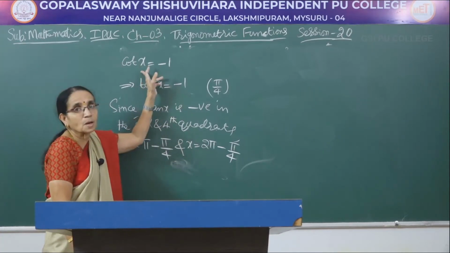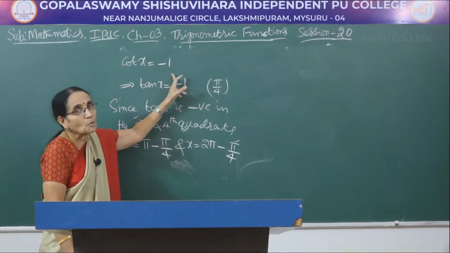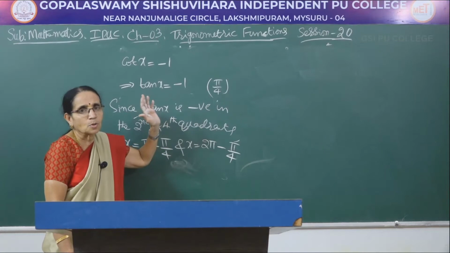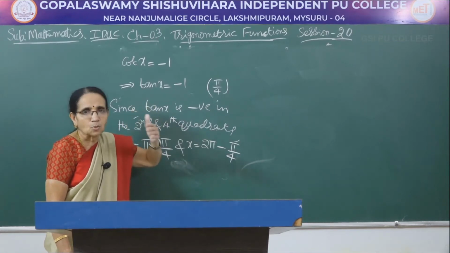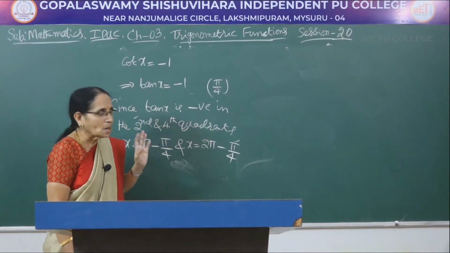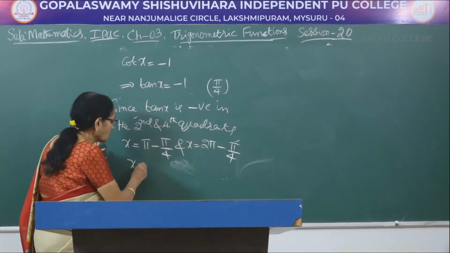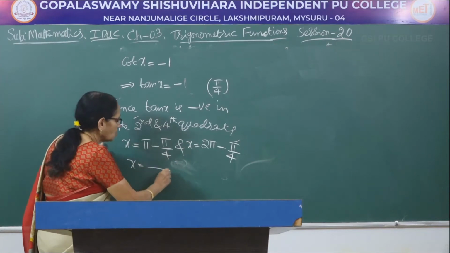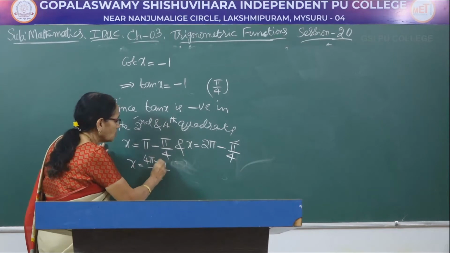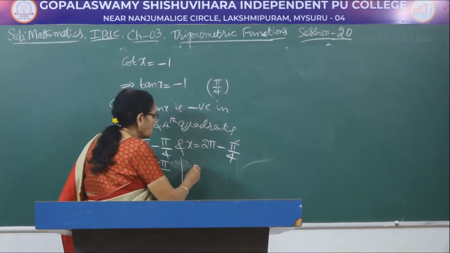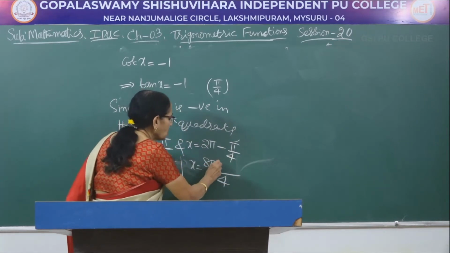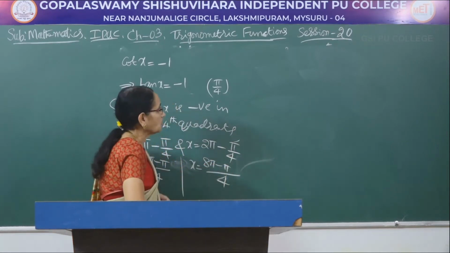So, that depends upon the function, that depends upon the value. So, positive also 2 values, negative also 2 values. Where it would be positive, where it would be negative, it depends upon the function that has been given in the particular problem. So, on further simplification, you write, 4 is the LCM, 4 ones are 4 pi minus pi, and here it is again 4 is the LCM, 4 twos are 8 pi minus 1 pi.